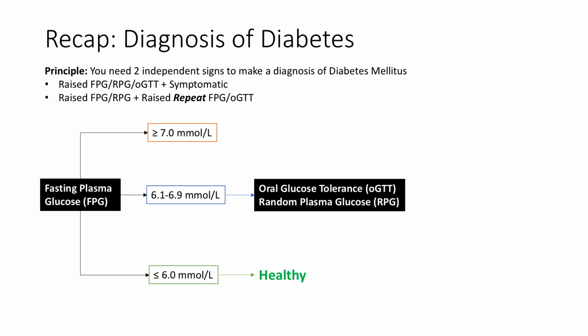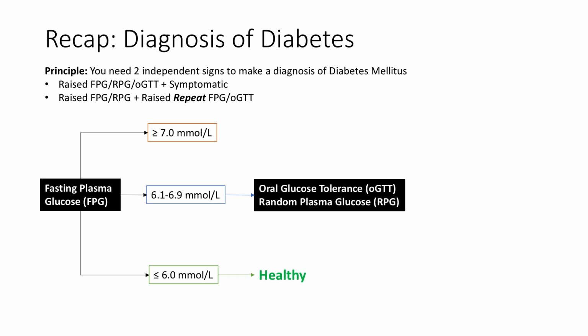And what are the instructions for OGTT? What do you give the patient? 75 grams of sugar. Apparently it tastes very disgusting because it's so super sweet. You just drink it down, and then within a few hours they take the bloods again.